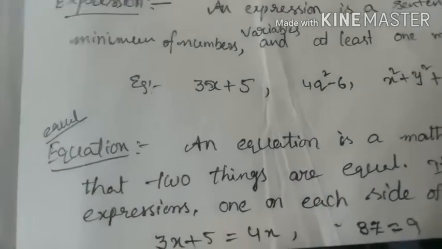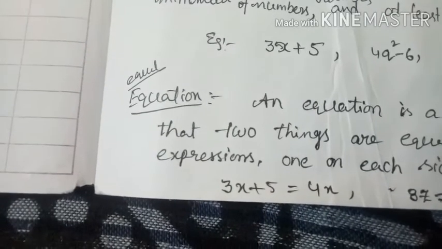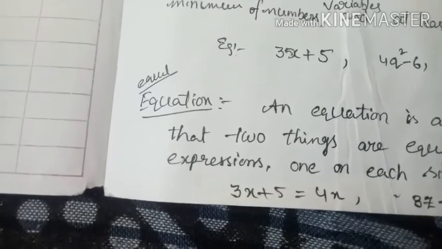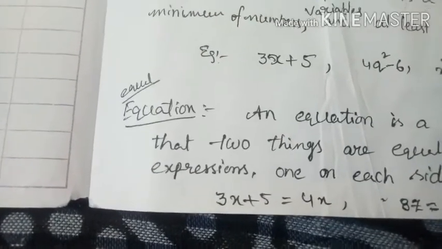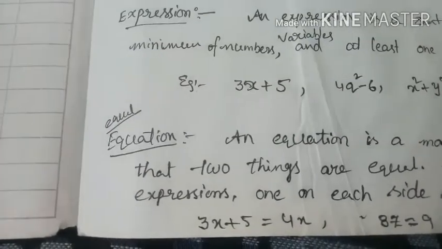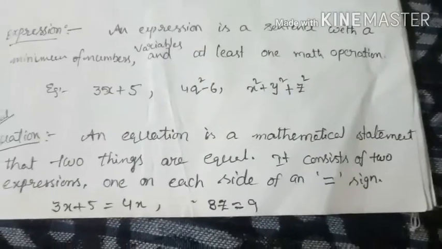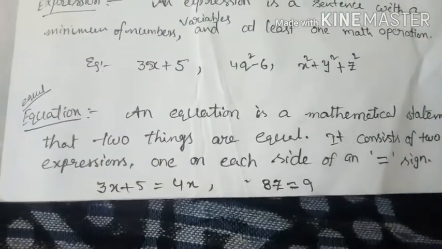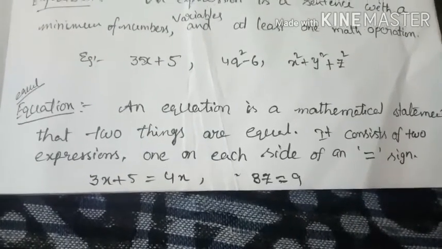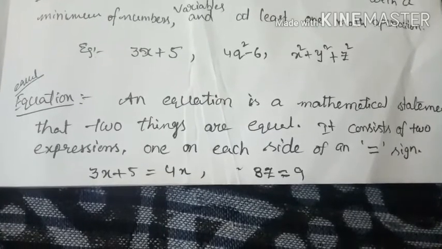Okay. Next, go for the equation. What is an equation? This word comes from equal, and it states the equality of two expressions. An equation is a mathematical statement that two things are equal, and it consists of two expressions, one on each side of an equal sign.